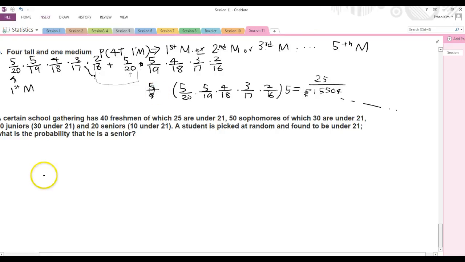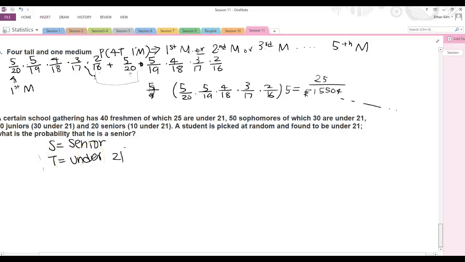So let's assign some events. You can say that S equals the student is a senior. Okay? And say that T is under 21. So pretty much a student is picked at random and found to be under 21.